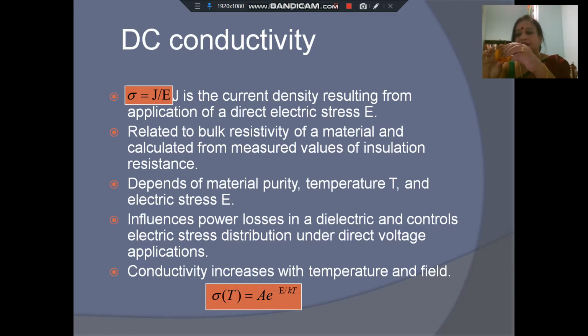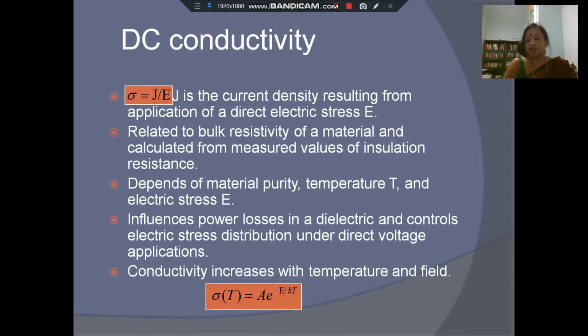So you have a dielectric, you apply a direct electric stress E across the dielectric material, a current will flow through the inside of the material, and the current density is given by J. So DC conductivity is nothing but the current which flows in the material, whether it's a conductor or a dielectric, and which is governed by Ohm's law, which is V equal to IR.